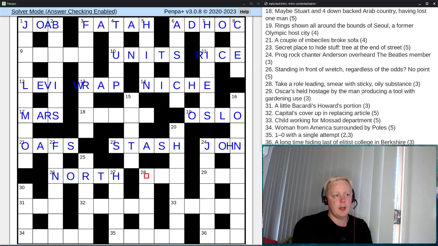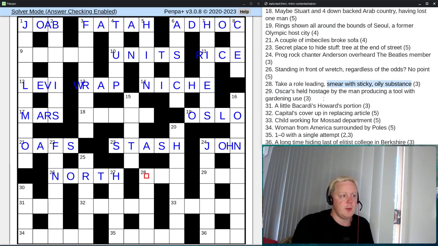Take a roll leading, smear with sticky, oily substance. Sticky, oily substance is tar, T-A-R, and tar can also be smear with sticky, oily substance, to tar someone.